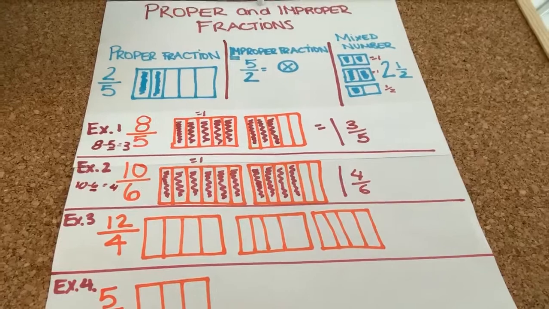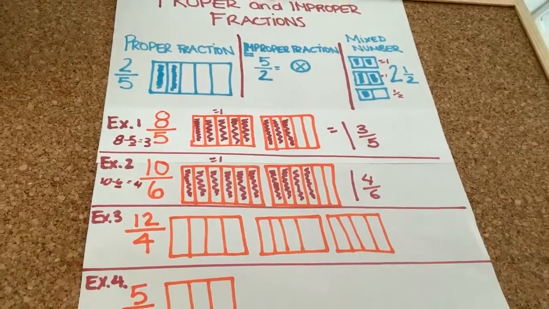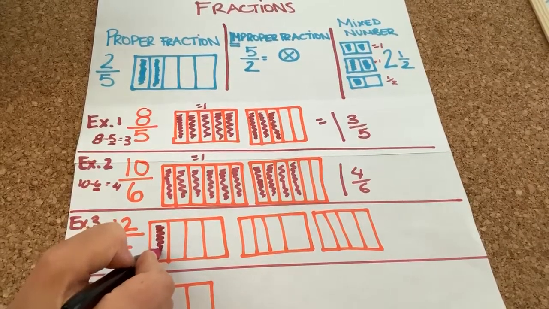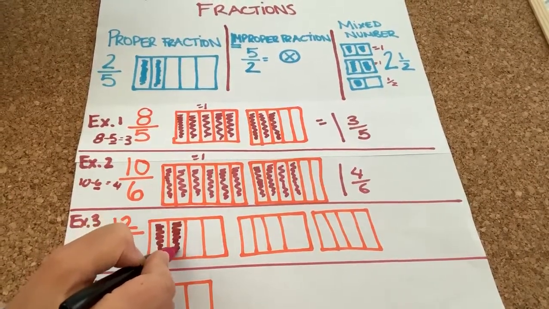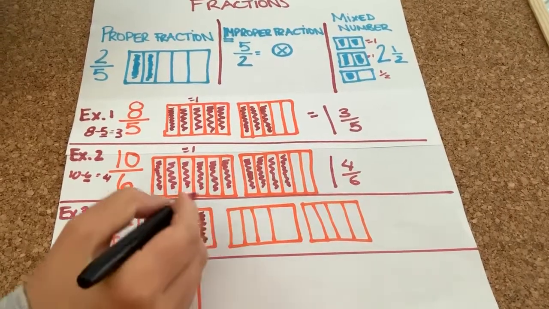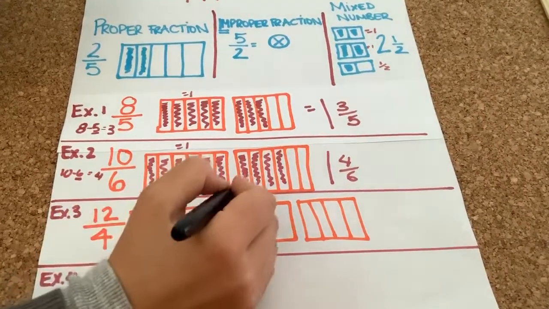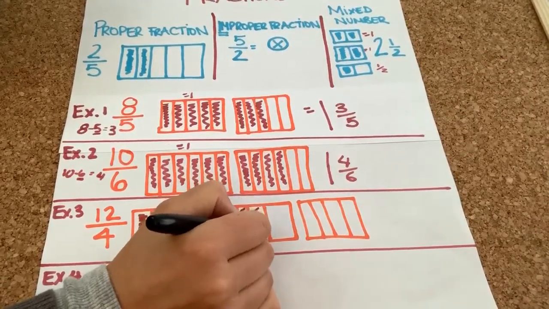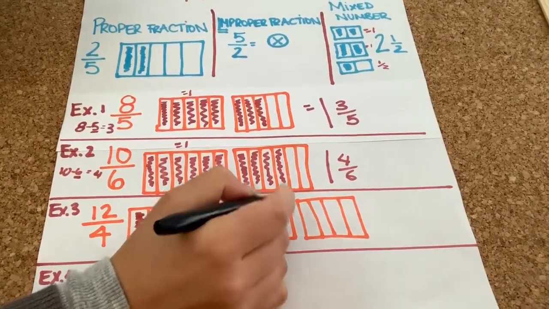So example 3, 12 over 4. So how many times can we fill up boxes of 4 using 12? So that's 4. That's giving us a whole. 5, 6, 7, 8.